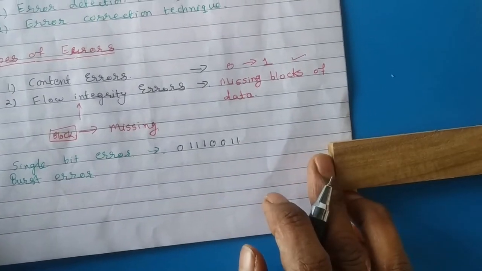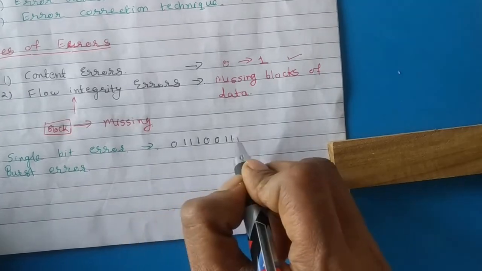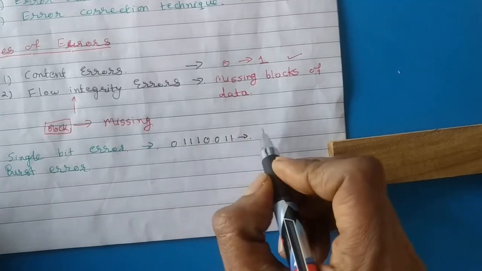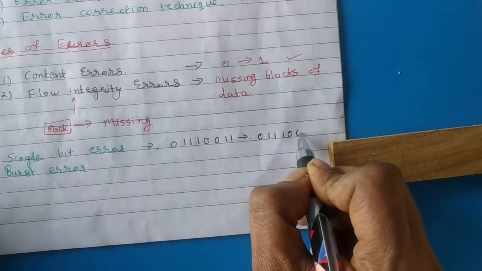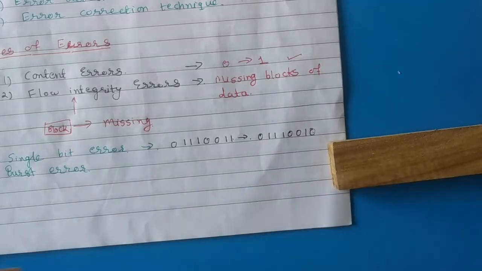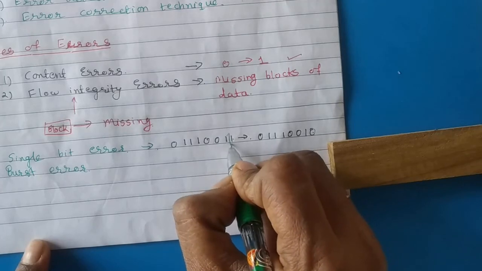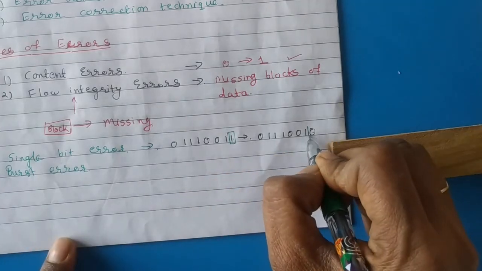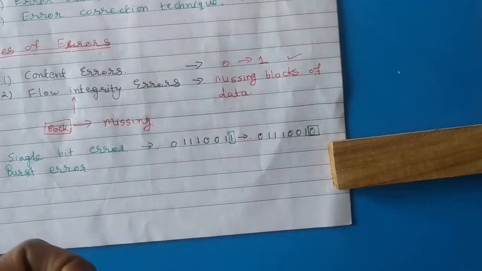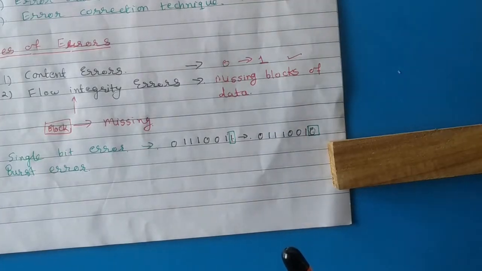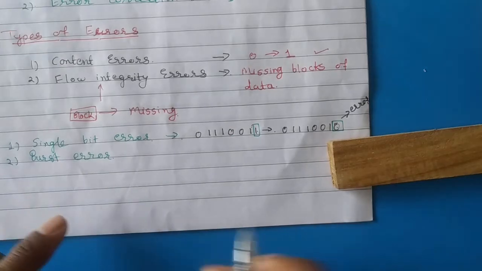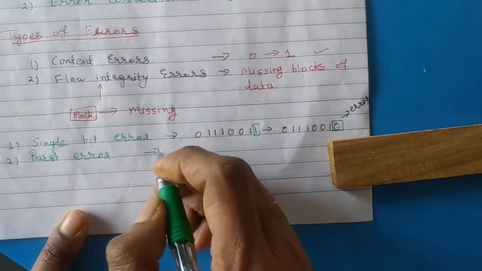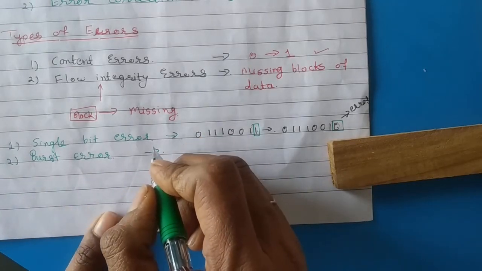There may be an error in a single bit, like 0 1 1 1 0 1 0. So this last bit 1 is received as 0. So there is only 1 bit error. This bit is in error. Whereas in burst error, there may be an error in more than 1 bit.